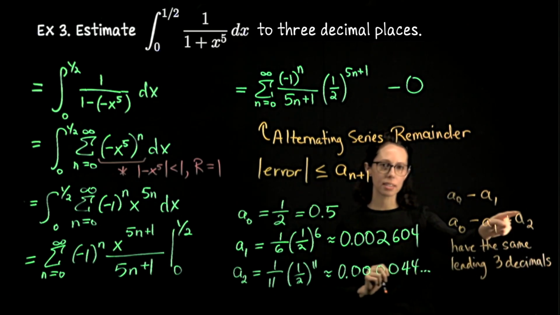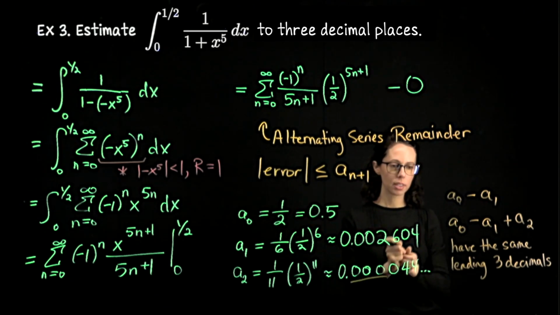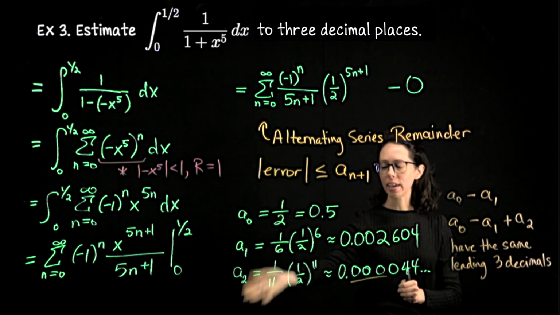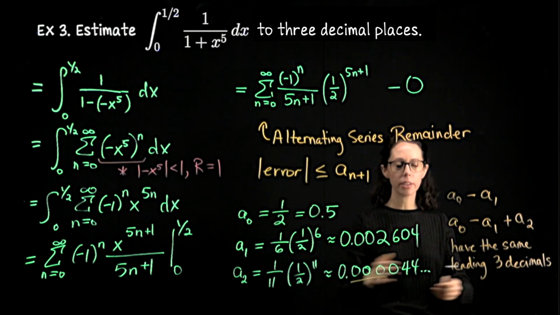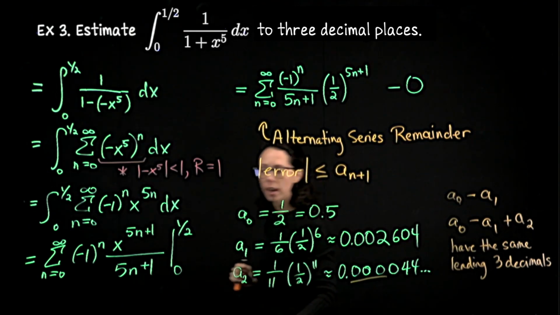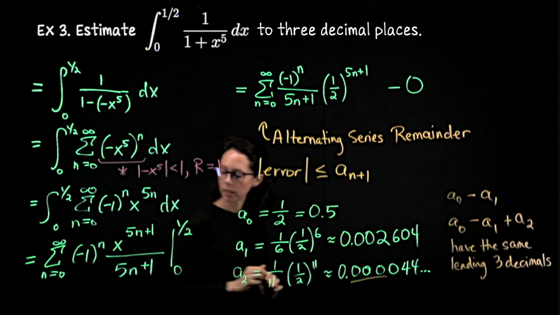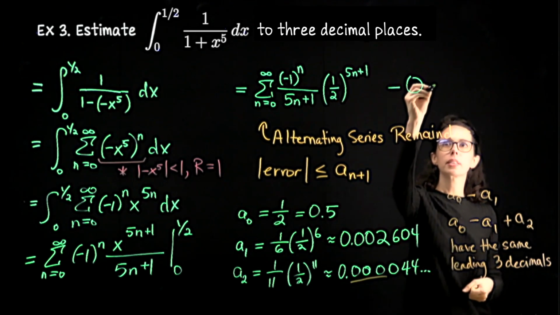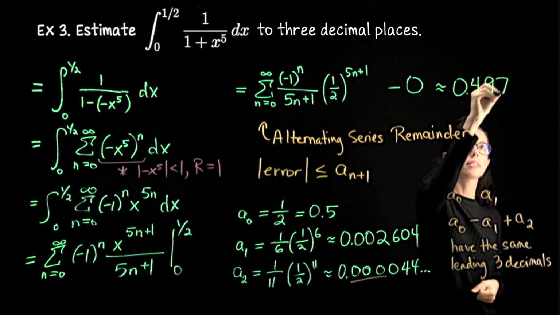In other words, this plus a2 did not affect the first 3 decimals after doing the sum of the first 2 terms. And then a3 and on is even smaller. So if anything, I'm just going to have more and more zeros here. So if I just add up the first 2 terms, we get the sum correct with the first 3 decimals. And if you do that, you get approximately 0.497.